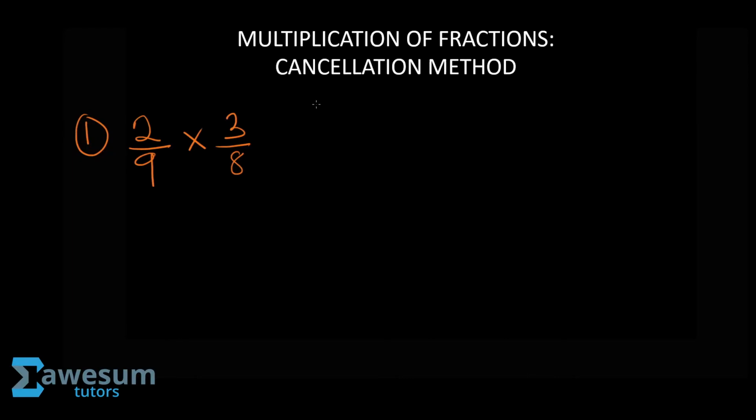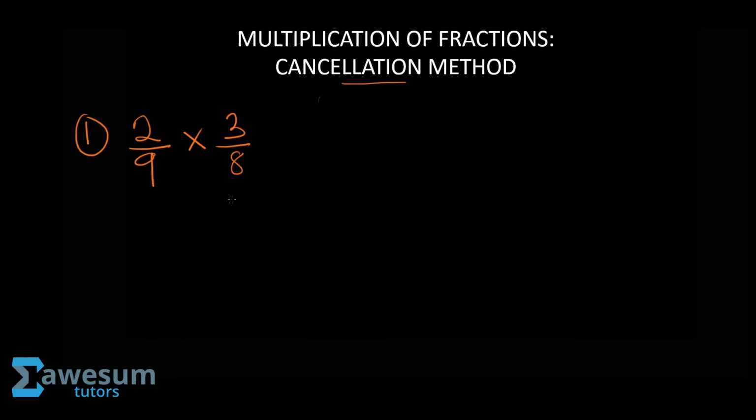Today we are going to be looking at the multiplication of fractions using the cancellation method. This involves finding a common factor of numerator and denominator, and then we will use that common factor to divide the numerator and the denominator to obtain new numerators and new denominators.